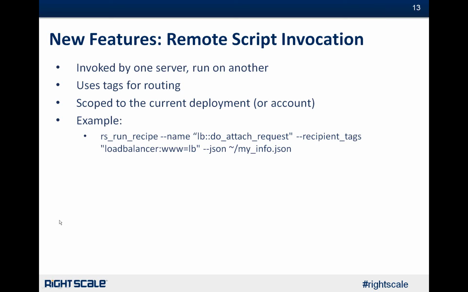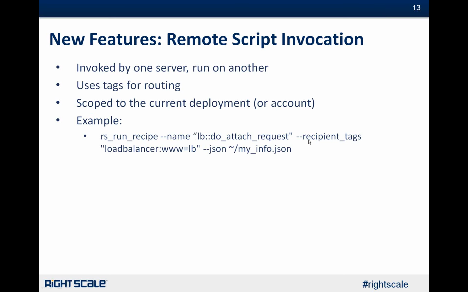In this example here, we're using the command line utility to run a remote script, actually a remote Chef recipe. We're using the rs_run_recipe command, and the name of the recipe that we're passing is load balancer do attach request.